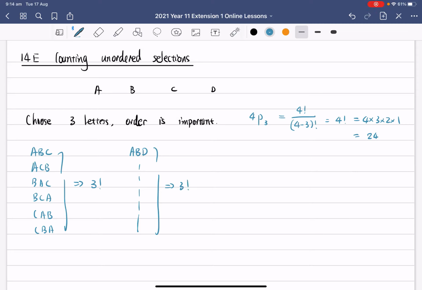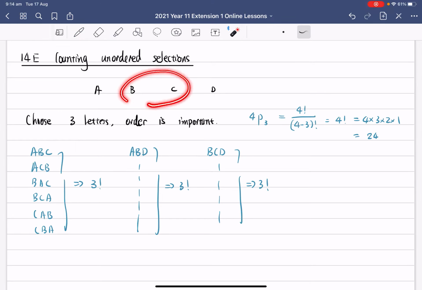Once we finish that, since I have already used these 2 letters, now I'm just going to start using these 2 letters. So we're going to use BC to begin with, so it'll be BCD. Again, we're going to have 3 factorial ways to organize BCD. Can we have BCA? Well, if we choose BC and A, it's just going to be the same as ABC, so we don't choose BCA anymore.